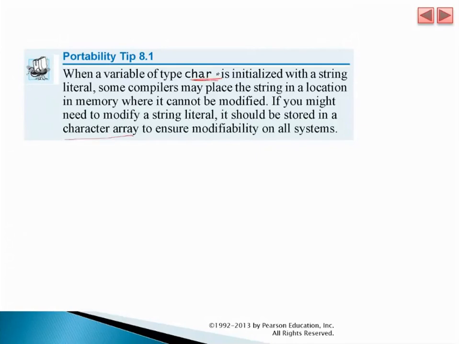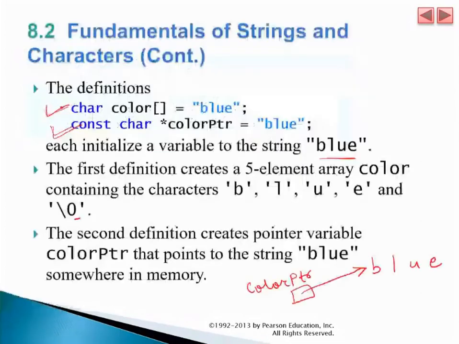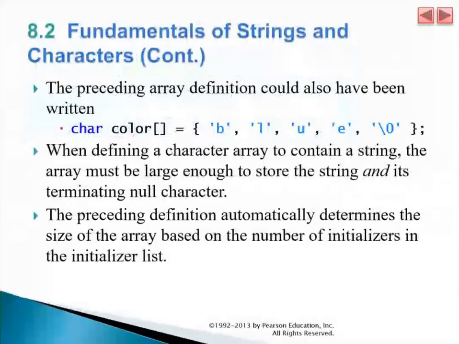If you make a pointer, there are some compilers which will make it a constant, and you cannot change its value. So it is said that if some changes are required in the string, then go for the character array type definition. If no changes are required, you can go for the pointer type definition. Even in the character type definition, you can write const in the beginning to make it a constant.